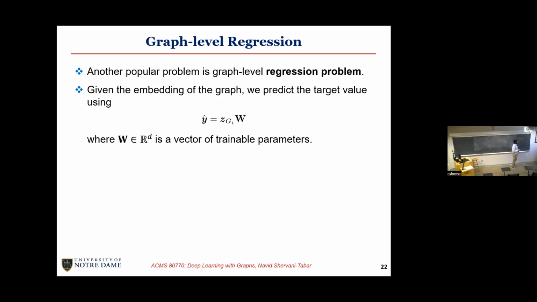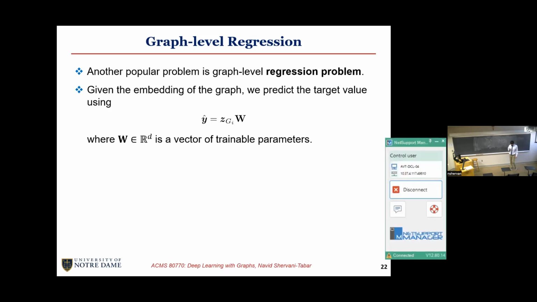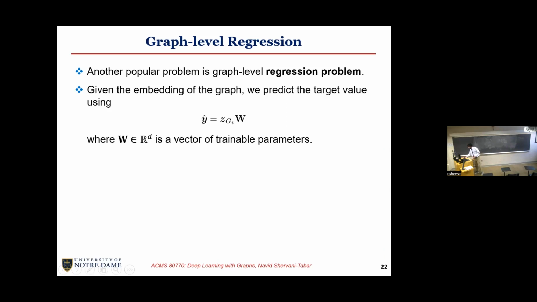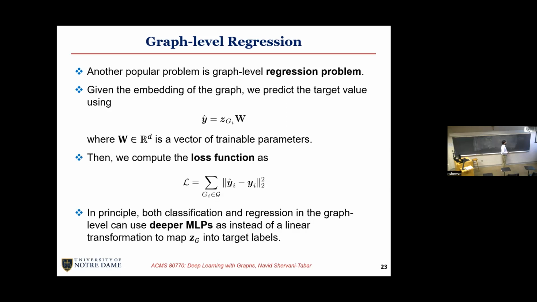Now, the difference here is that we are not going to use a softmax or anything like that. We're just going to take that prediction, that output Y bar. So our loss function now is defined using, for instance, mean squared error.